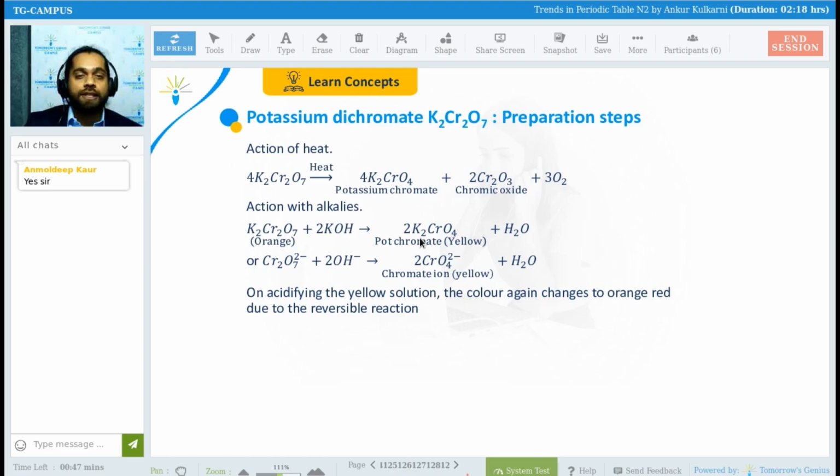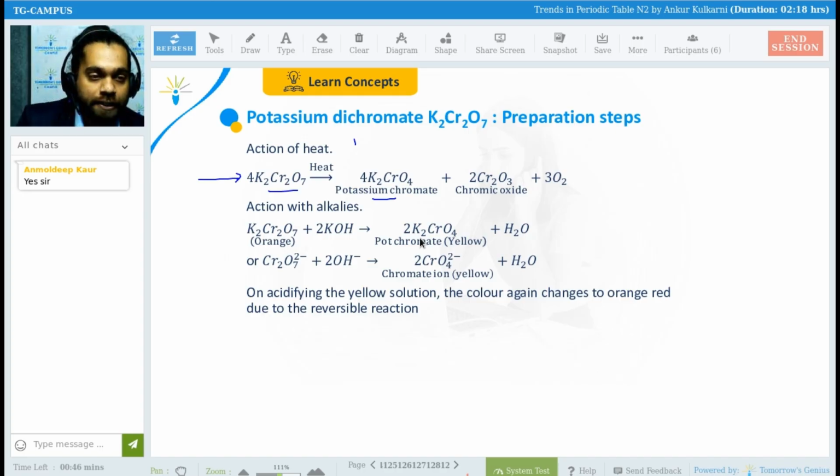If you heat potassium dichromate, please write down this reaction. Potassium dichromate will decompose into potassium chromate and chromic oxide.